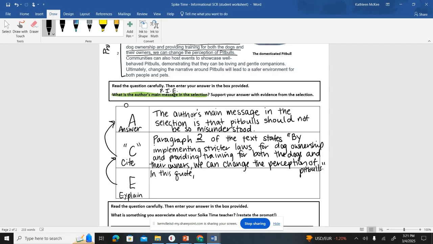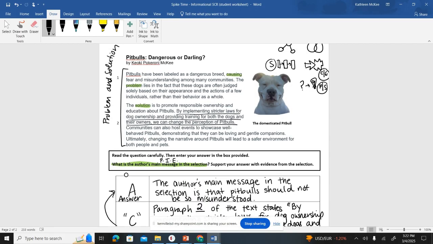The author. Okay, now this is where understanding text structures can really be your friend. Because if we go back, what did the author do? The author offered up a solution to a problem, right? And in this quote, this is exactly what he's doing. He's giving stricter laws for dog ownership and providing training.